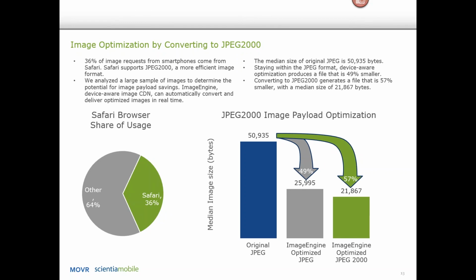Right. And it's also probably worth mentioning that when I say better quality, JPEG 2000 is capable of using different compression rates on different parts of the image, to put it simply.